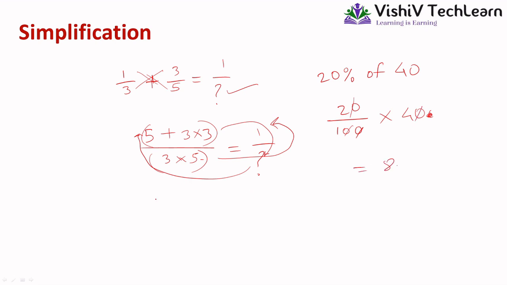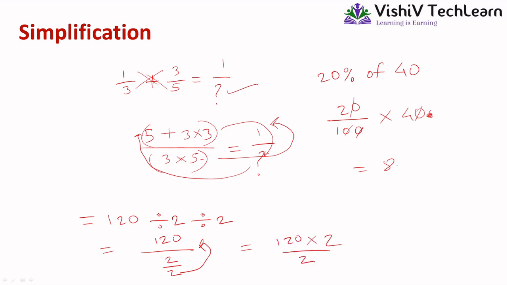Or it may be in terms of 120 divided by 2 and again divided by 2. So what is the meaning of this? It can be represented like this, 120 upon 2 and again divided by 2. Generally this 2 goes to the numerator side. It can be 120 multiplied by 2 divided by 2.